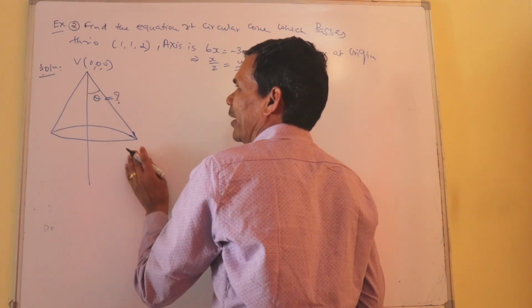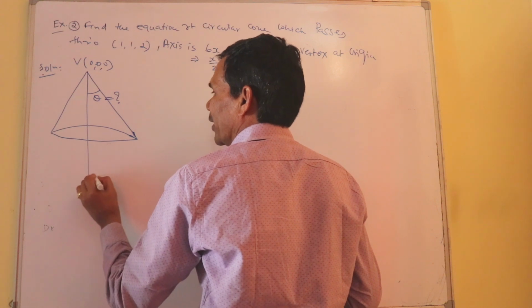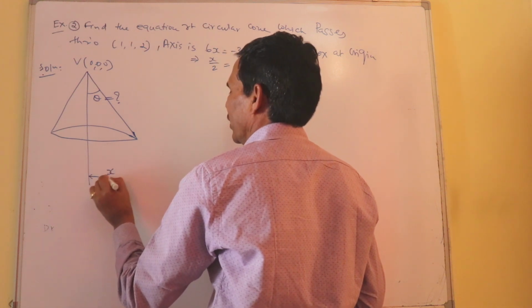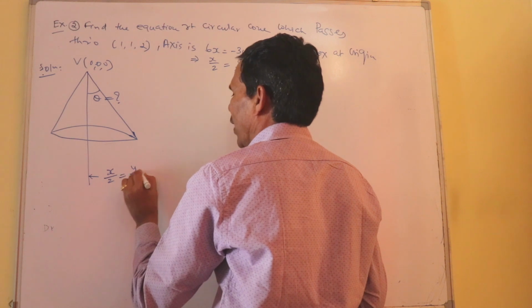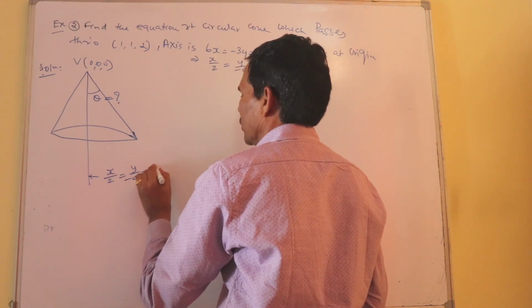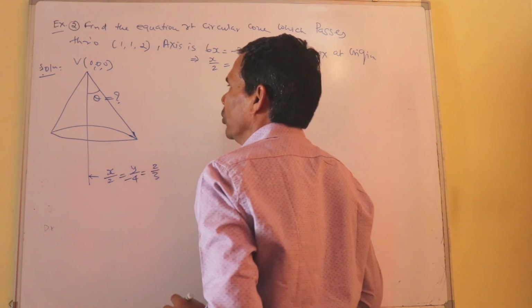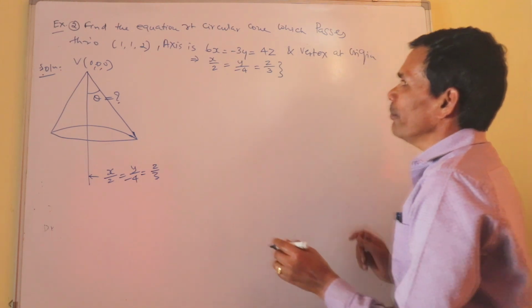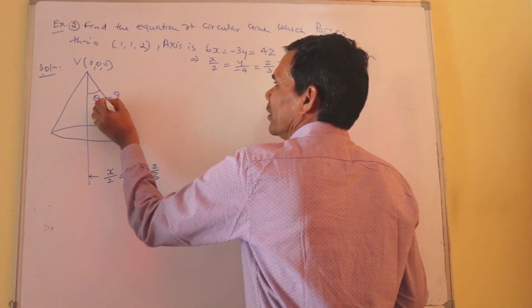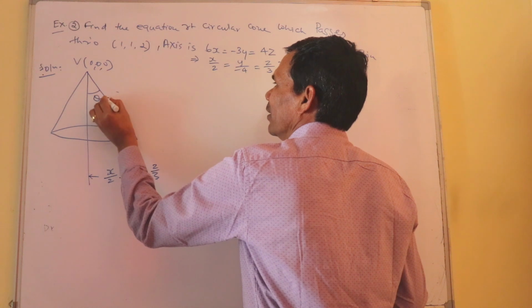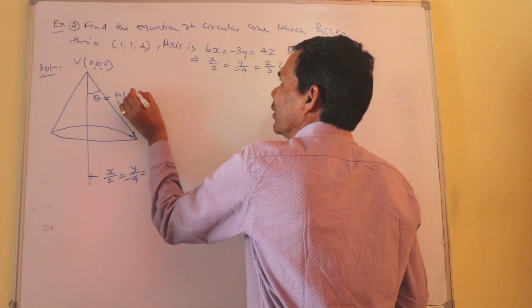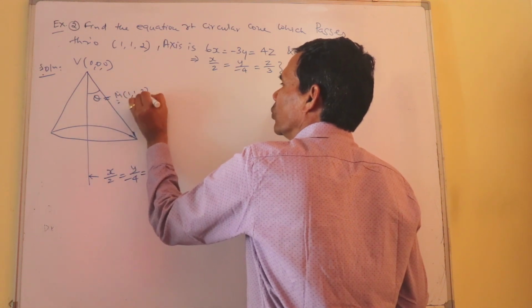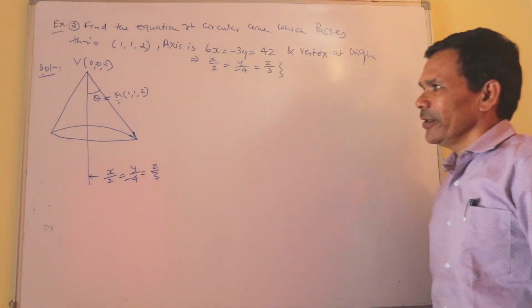We have to find out this angle, and the axis is given as x upon 2, y upon minus 4, z upon 3. It passes through a point, which is given here as M(1, 1, 2).